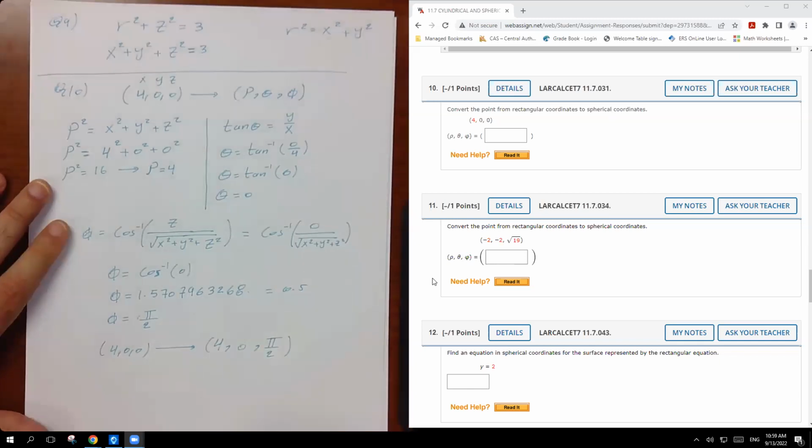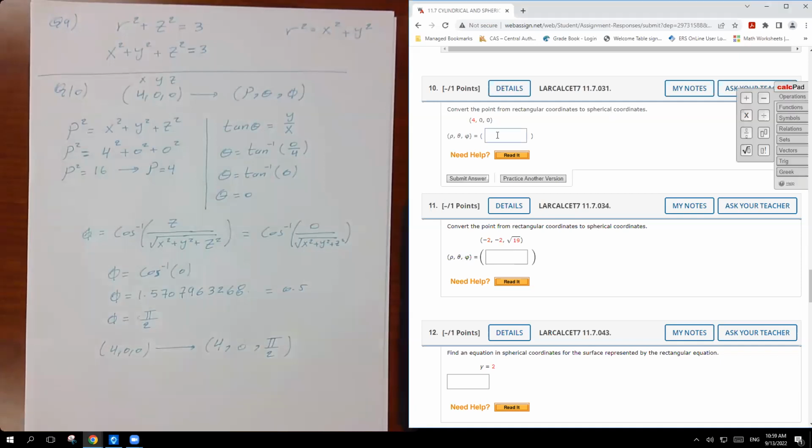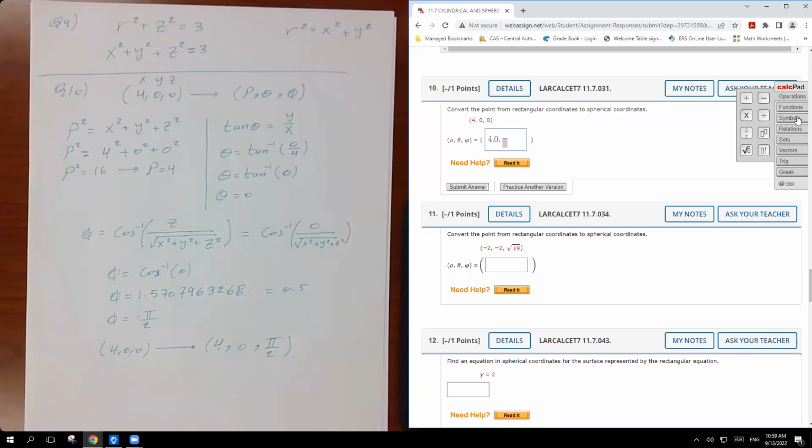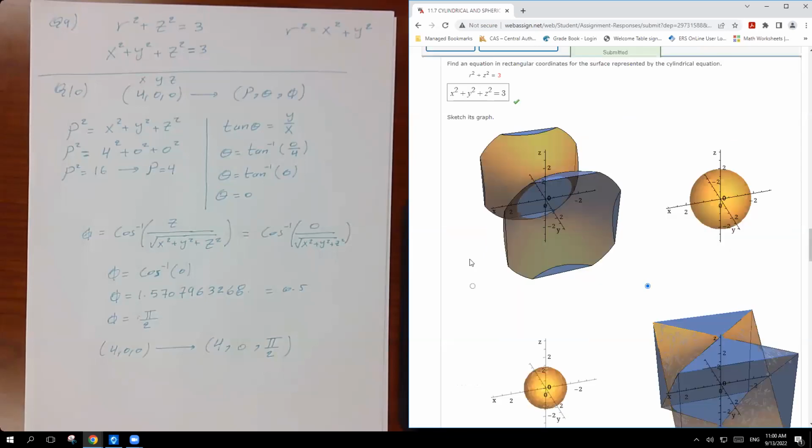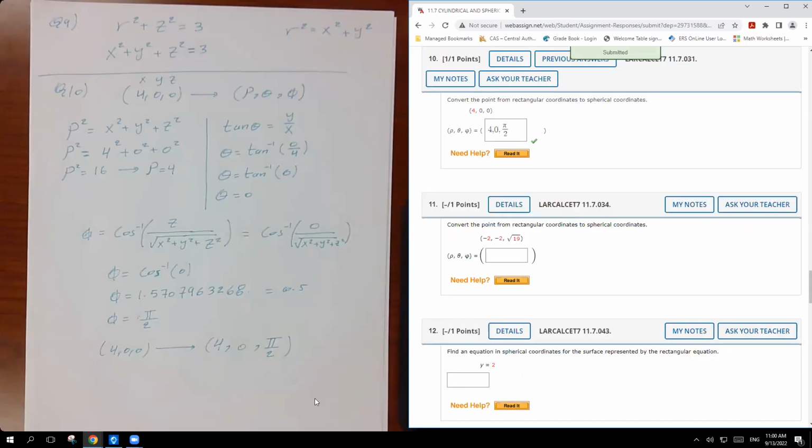That's it for this example. So let's check that. The point is 4, 0, pi over 2. Pi divided by 2 means 90 degrees. That's it for this example.